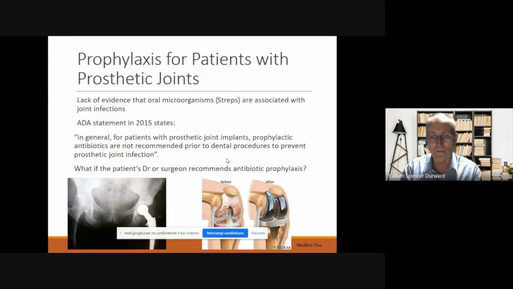However, you may find that the patient's doctor or surgeon recommends antibiotic prophylaxis. What should we do? In those cases, we should ask the doctor or surgeon to prescribe the antibiotics themselves rather than the dentist prescribing them.